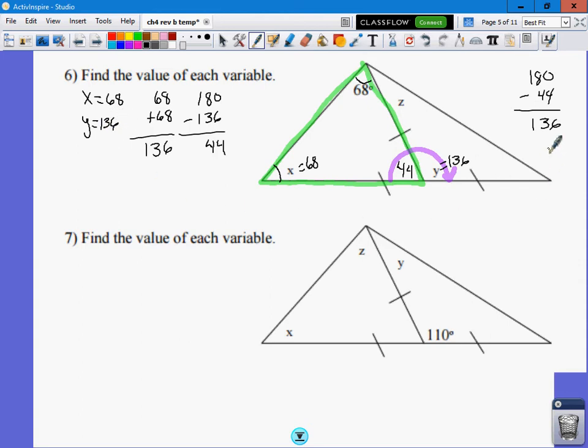If I take 180 and I subtract the 136, there is 44 degrees left. I noticed that this was isosceles, so these two angles are going to share that 44 equally. So I took 44 and divided it by 2. So z is 22.